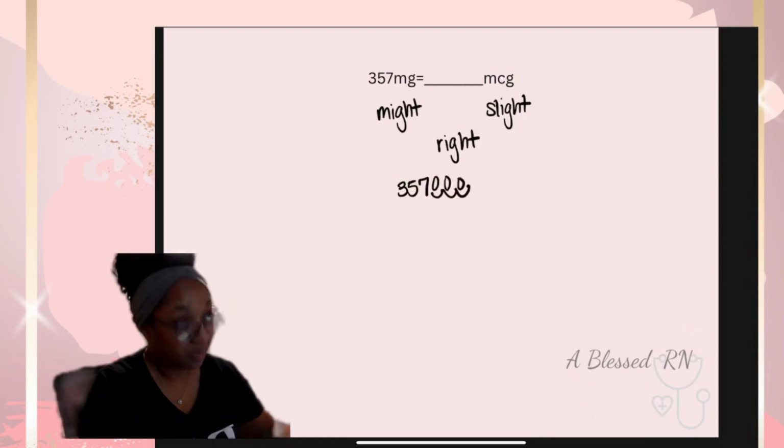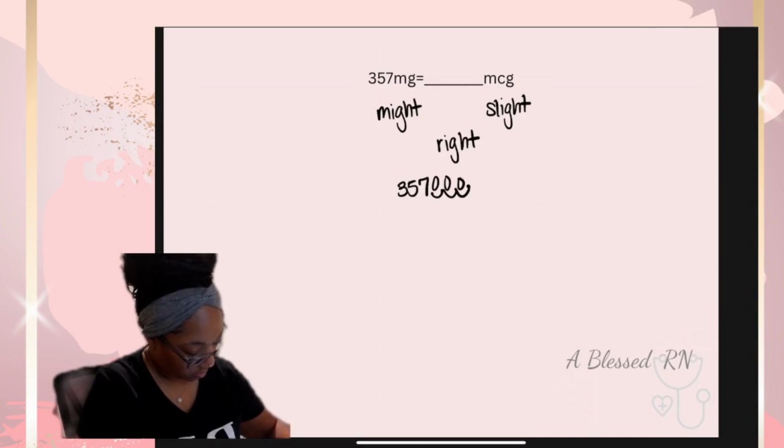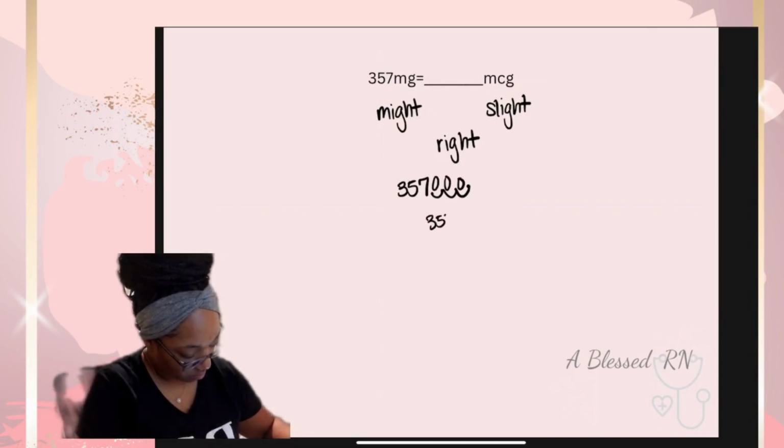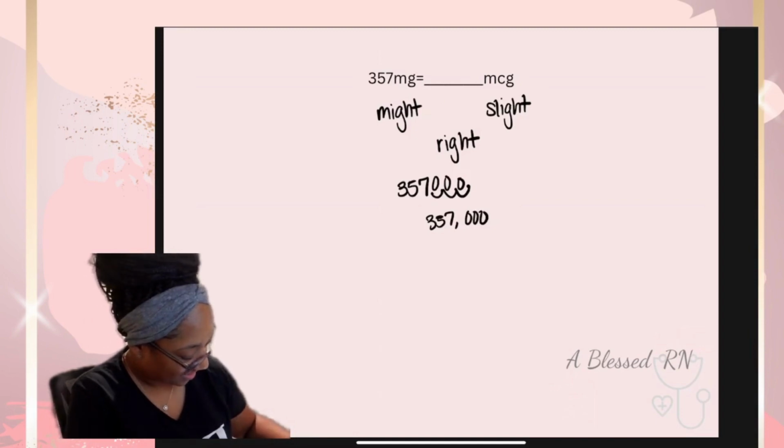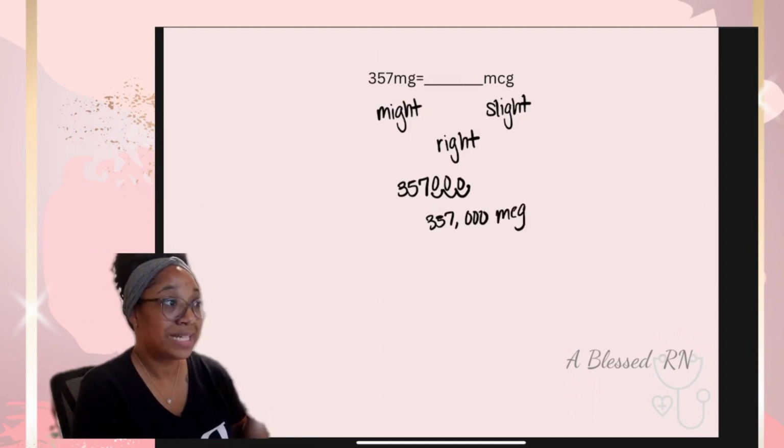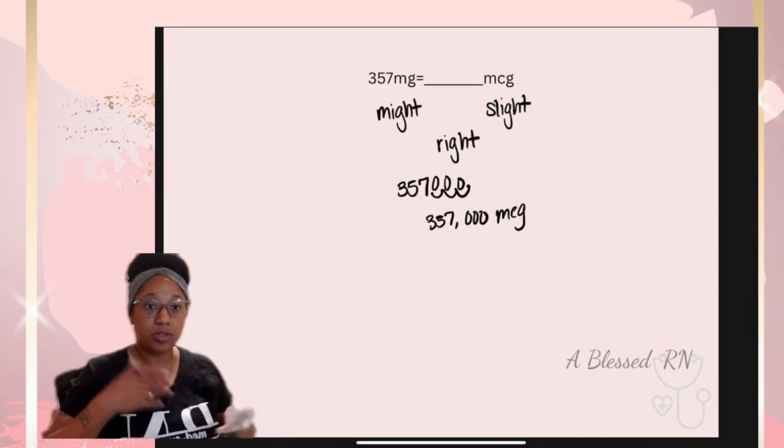Boom, boom, boom, like JC said. When you write it, of course, you have to put your comma in if you're in the United States. And that is that many micrograms.